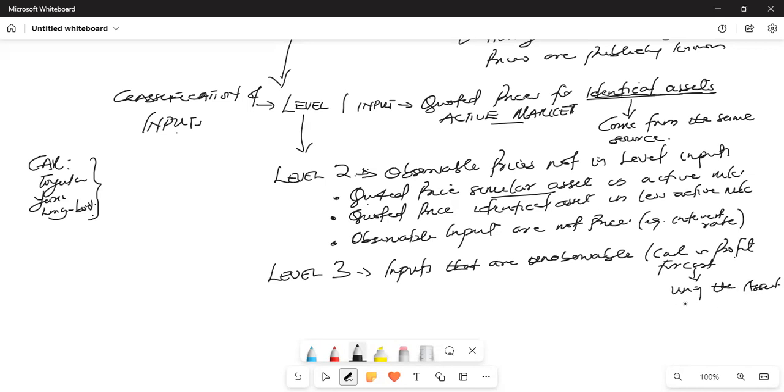Now, I have something for you. You see, we learned level 1, we said identical, active market. That should give you an impression of fair value. You remember. Then we talk about level 2. Level 2, we are saying quoted price not listed in level 1, and we say quoted price of similar asset.